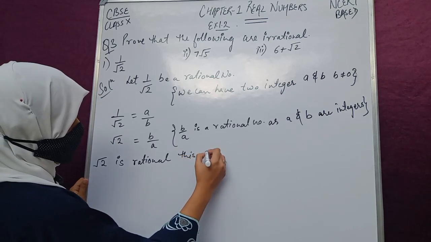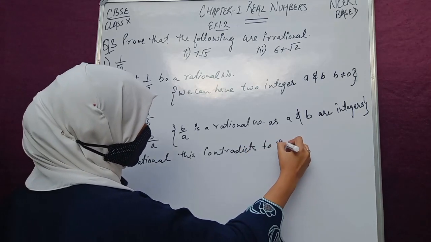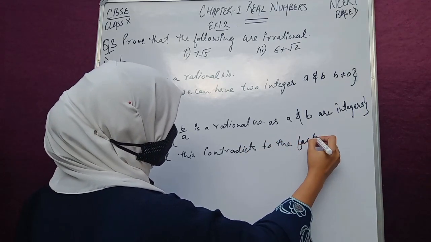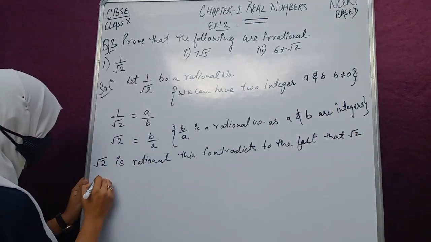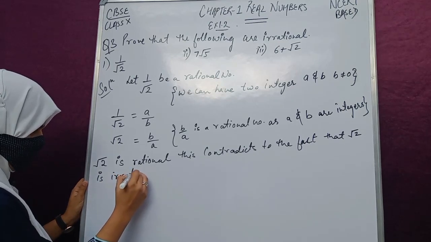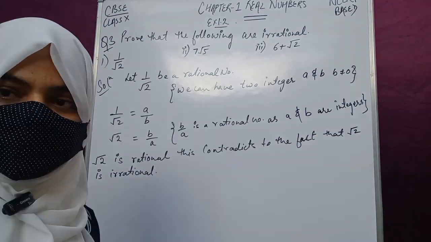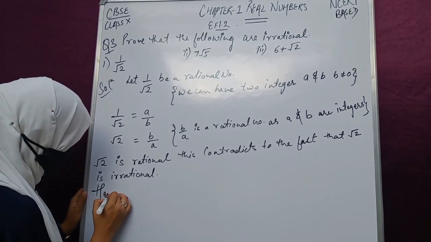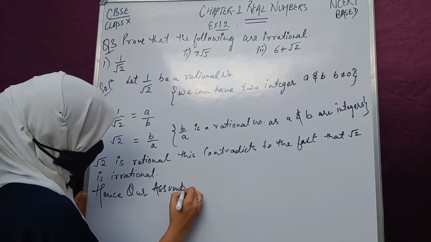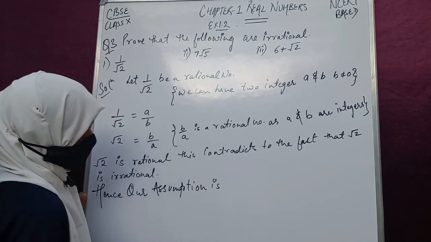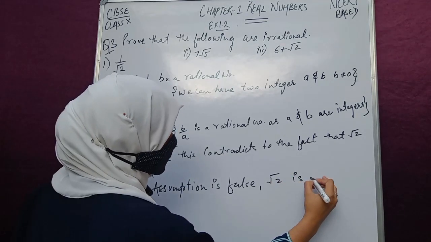This contradicts the fact that square root 2 is irrational. Getting at my point? Hence, our assumption is false. Square root 2 is irrational.